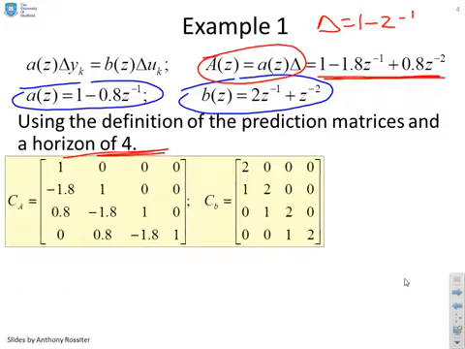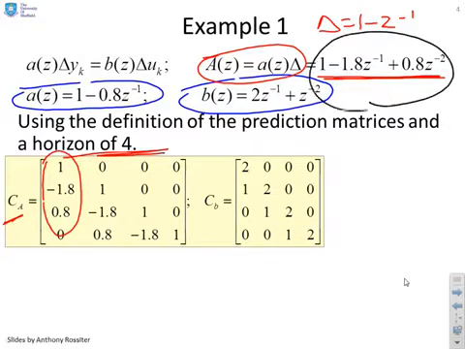Now, I'm going to take a horizon of 4 to keep things simple, so you can keep it on a single page. So the definition of CA, you'll notice you simply write out the parameters of a capital A matrix, and you can put them, if you like, in columns. You can see there are the parameters of the A matrix, 1, minus 1.8, 0.8, and you'll see that's precisely the parameters given up here.